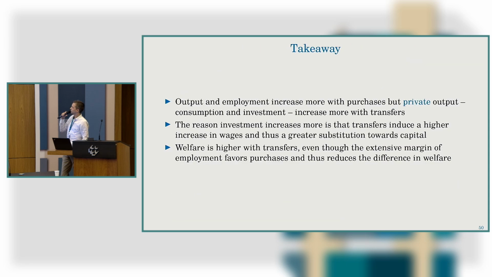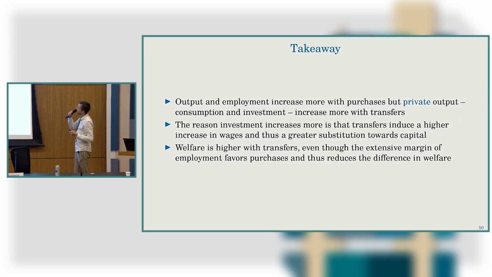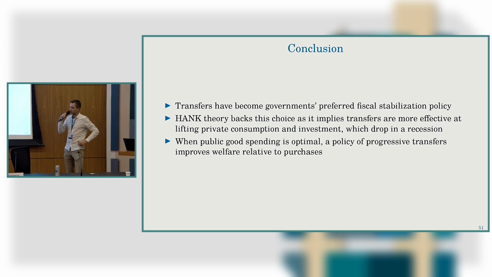So, takeaway: transfers have become the government's preferred fiscal stabilization policy. Perhaps the reason, I don't know, is that they're easily implementable, but for sure they are more progressive, so they enable targeting low-income individuals who suffer more in recessions.